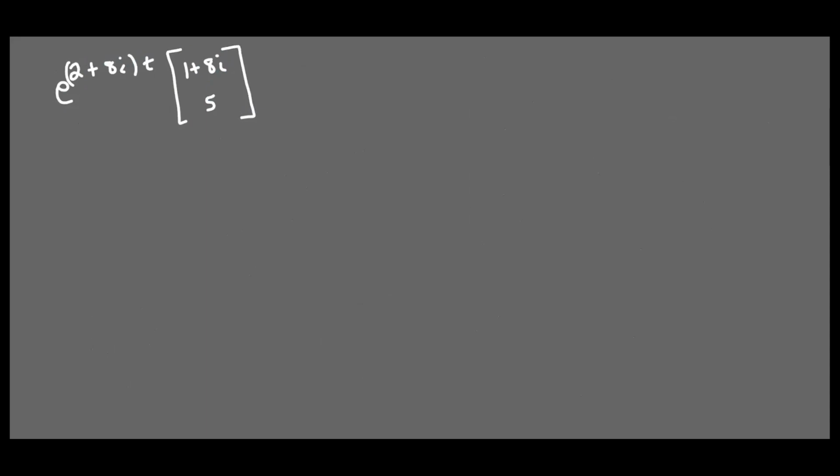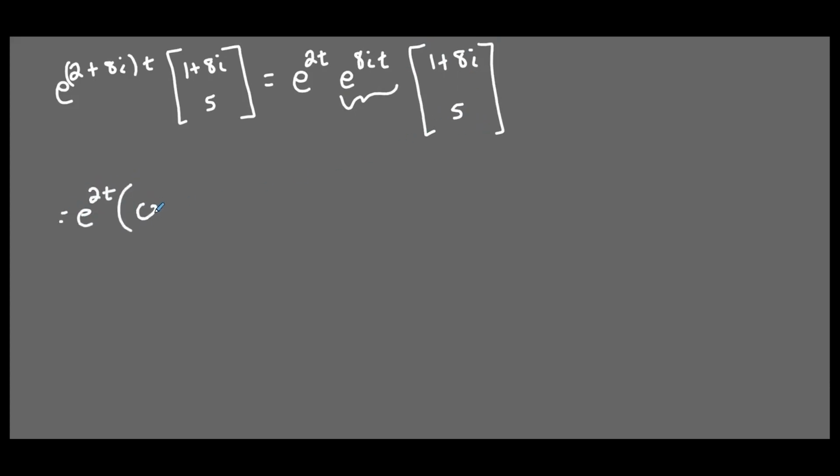Now we can write this as e to the 2t times e to the 8it times (1 plus 8i, 5). And we can use Euler's formula on the e to the 8it. So that's going to be cosine of 8t plus i sine of 8t.